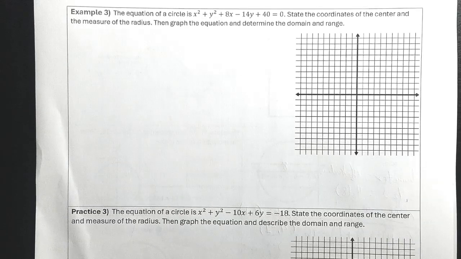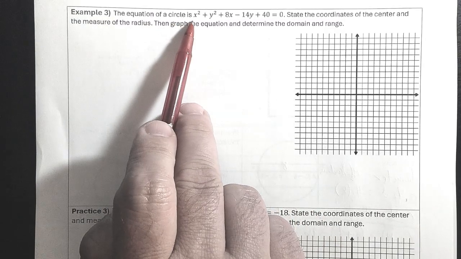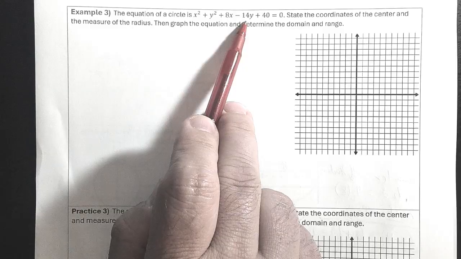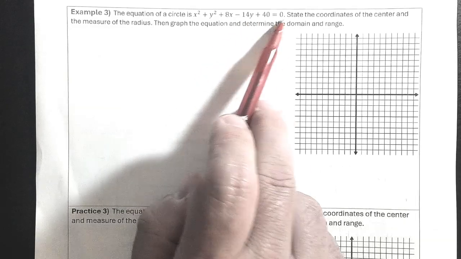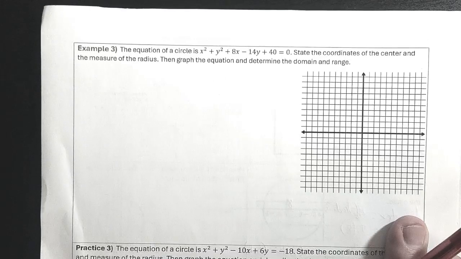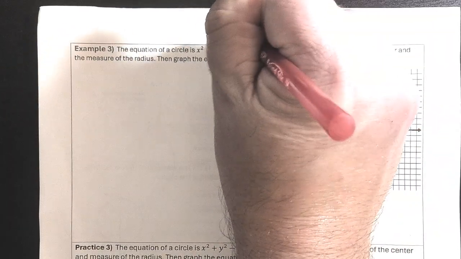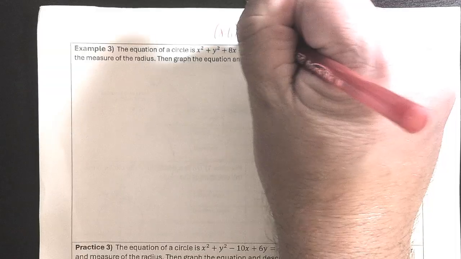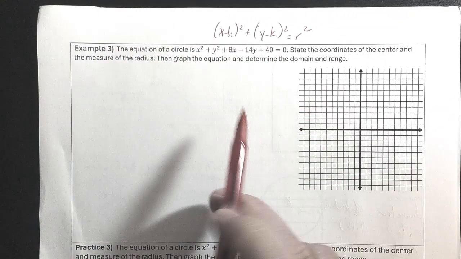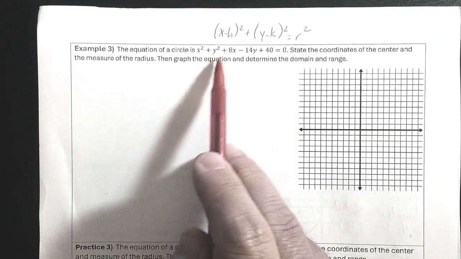All right, example 3. The equation of a circle is x squared plus y squared plus 8x minus 14y plus 40 equals 0. Actually, what our notes told us is it's x minus h squared plus y minus k squared equals r squared. Now obviously this looks nothing like that, so we have to turn this into that.